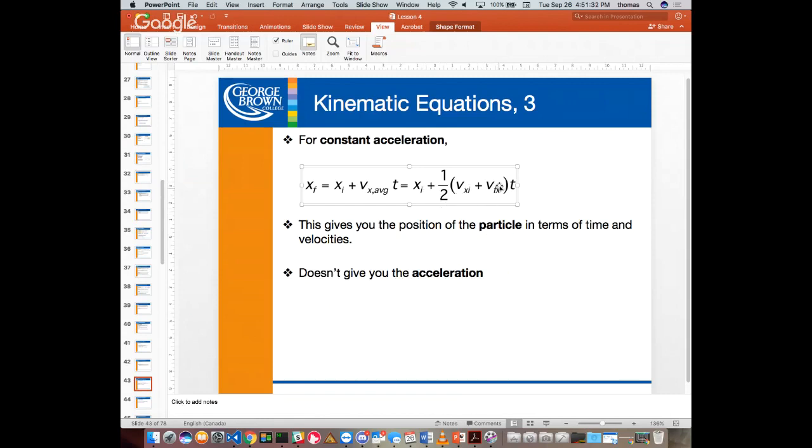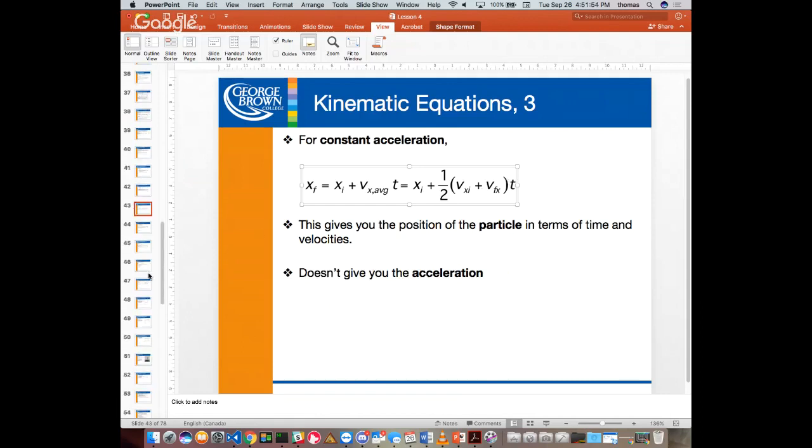So 3 plus 5 would be 8, divided by 2 is 4, times t, 2 seconds. So that'll be 8. 8 meters would be the final position from this equation. We'll talk about this more in tutorial.